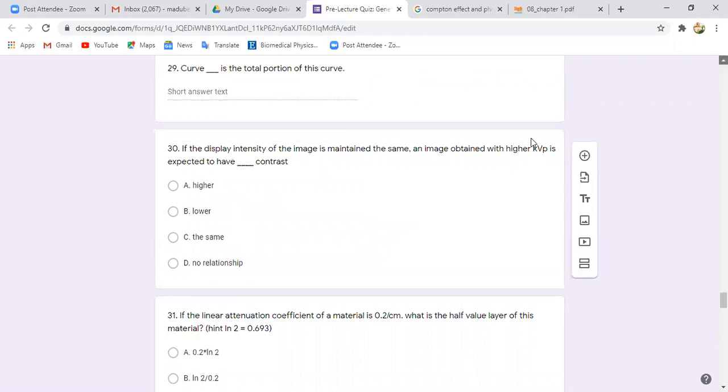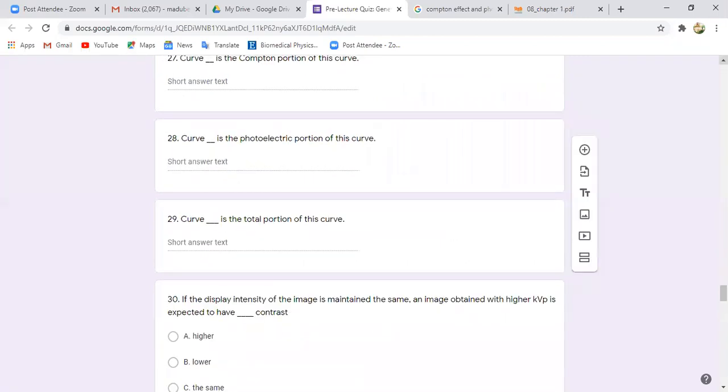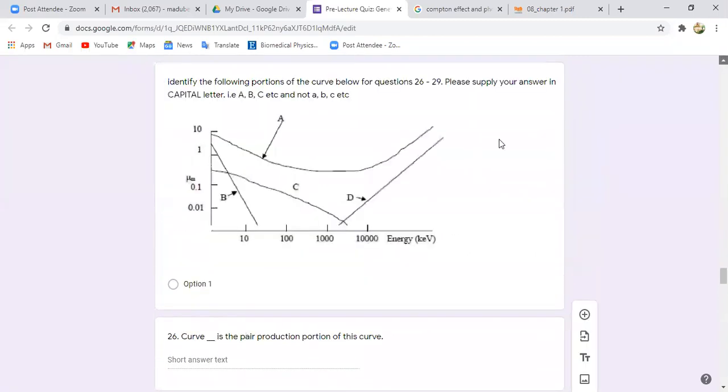Excuse me, sir, go back. Curve A is what, sir? You said curve A. What is curve A? Curve A is the combination of all these curves. That is, if at this point you have a particular number for this and a particular number for this, maybe 2 and then 3, at the end of the day you plot the point here. For this one, you have maybe 2 and 2, you plot it here, and so on.